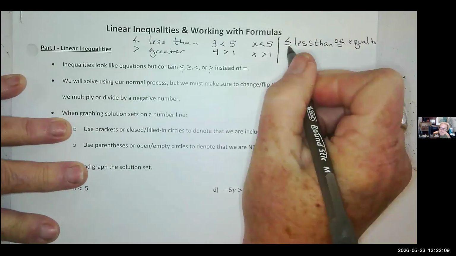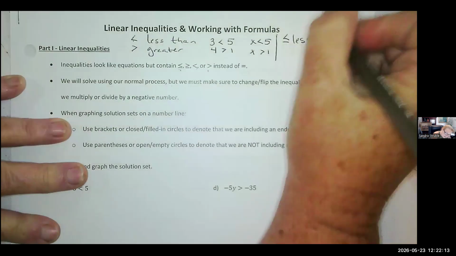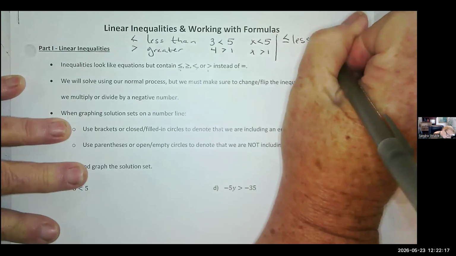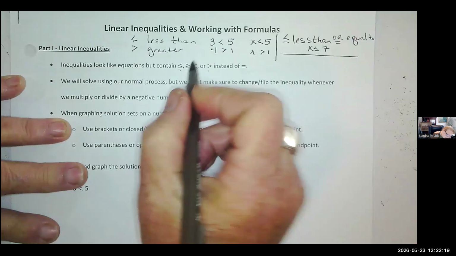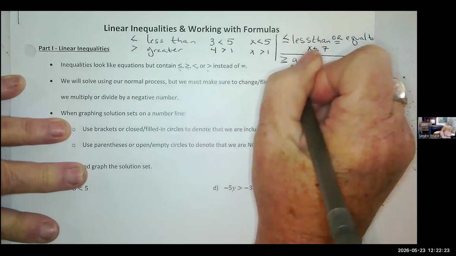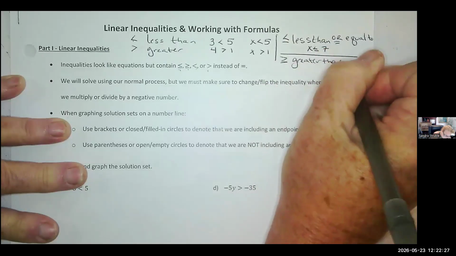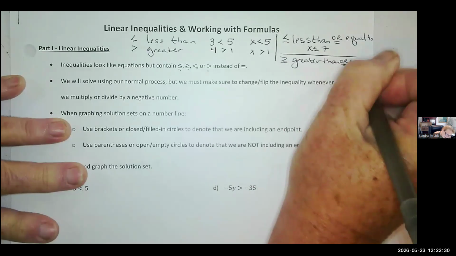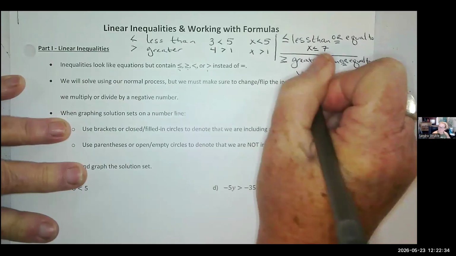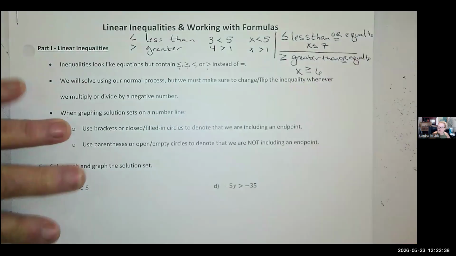Your example would be x is less than or equal to 7. The last one is greater than or equal to, and your example is x is greater than or equal to 6. These are the four inequalities.